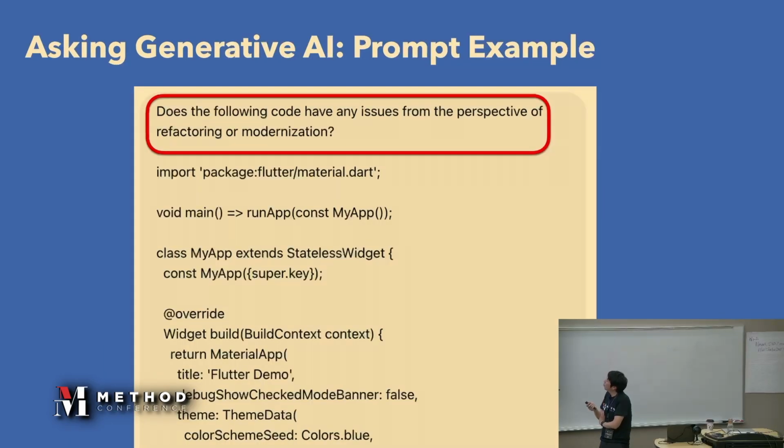Okay, to modernize our source code, I can ask like this: Does the following code have any issues from the perspective of refactoring or modernization? It doesn't seem to have any problem on this code, but to be honest, here is a problem.